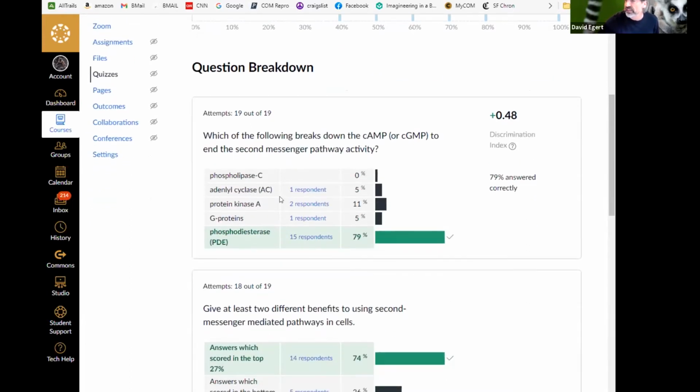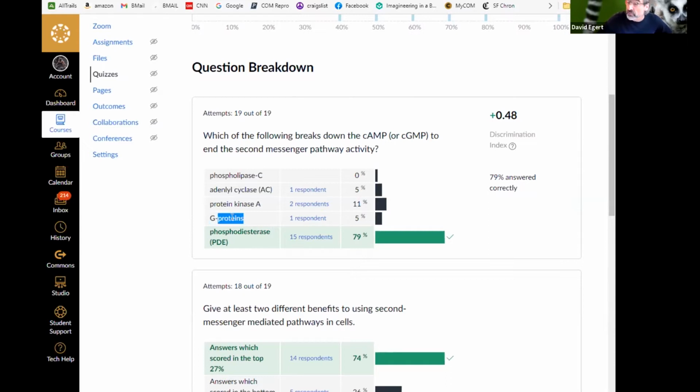And adenylyl cyclase is the stuff that makes the cyclic AMP once you start the second messenger pathway. Protein kinase A is turned on by the cyclic AMP to phosphorylate things and cause things to happen in the cell. The G protein is the first step once the receptor binds and is activated to start the whole chain reaction.